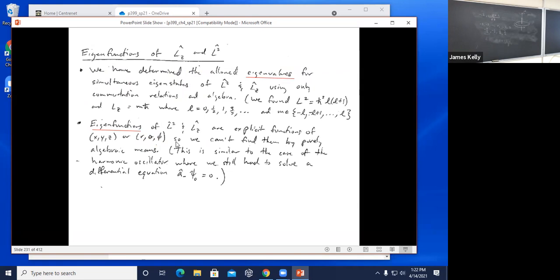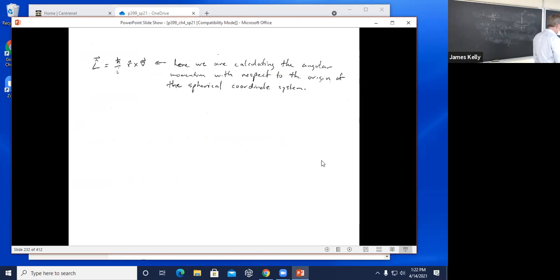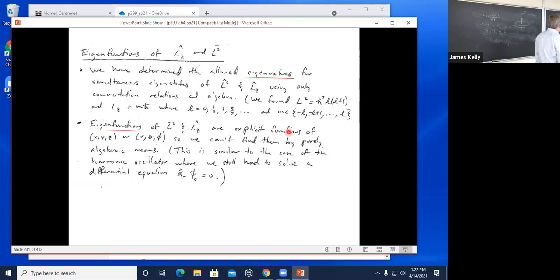You can't do that by purely algebraic means. We need to actually solve a differential equation, right? We said the algebraic solution is great. If you know one state of definite Lz, you can get all the other states of definite Lz from the algebraic solution. But you can't find one state without going to a differential equation. So it's similar to the case of a harmonic oscillator, where we said we wanted the states of definite energy.